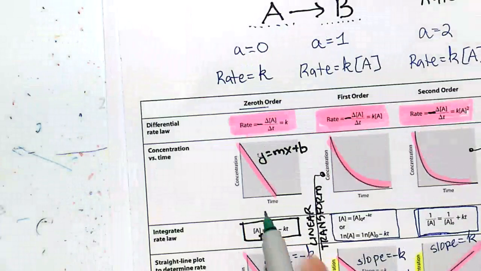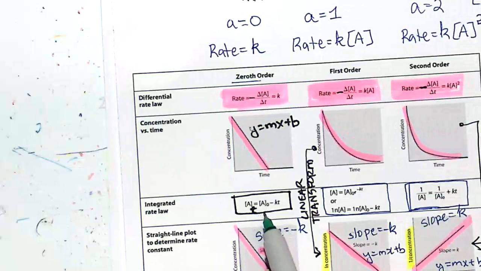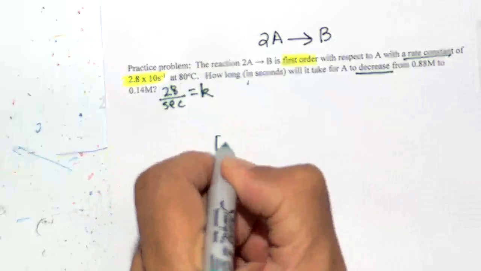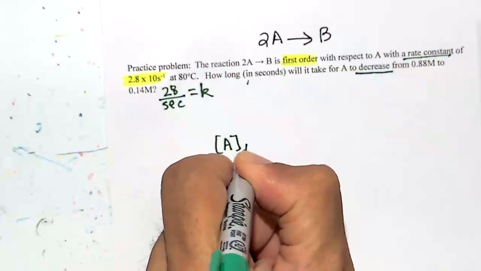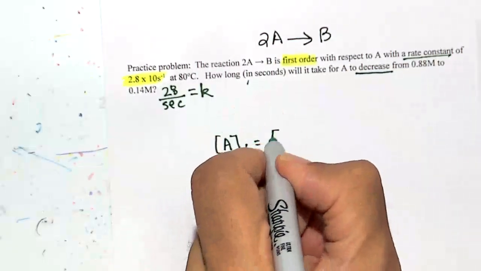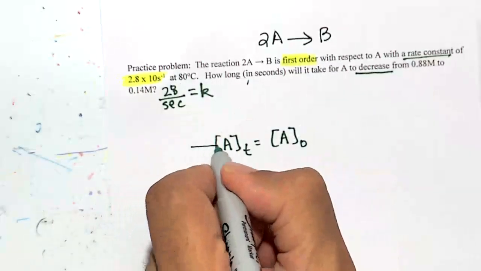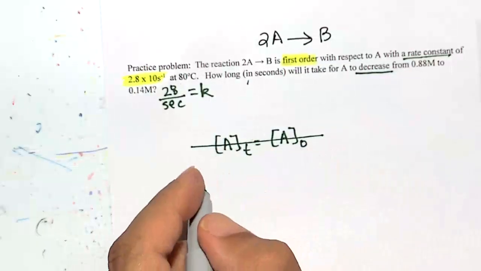So I'm going to use this, taken from our sheet that you can bring to the test. Natural log of concentration of A at some time t equals initial concentration A naught, oh, sorry, first order.